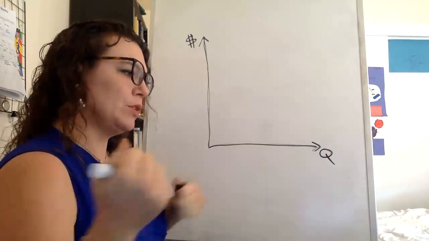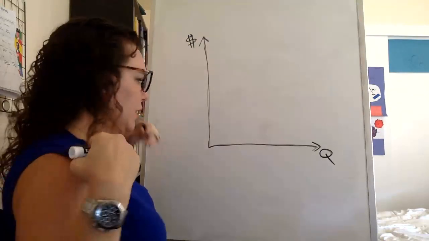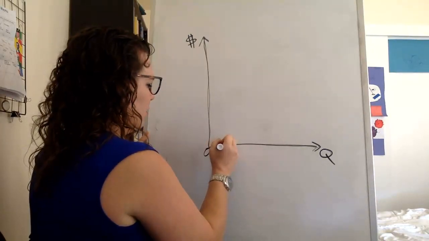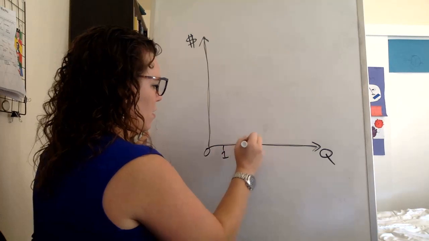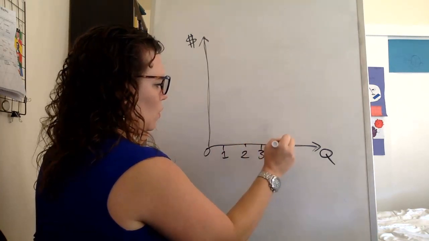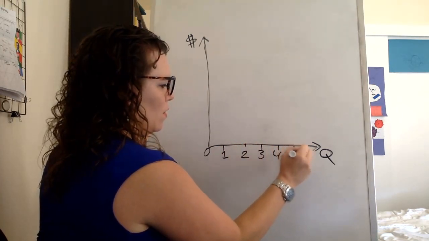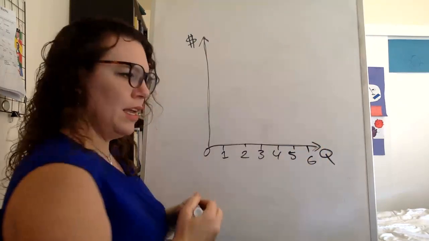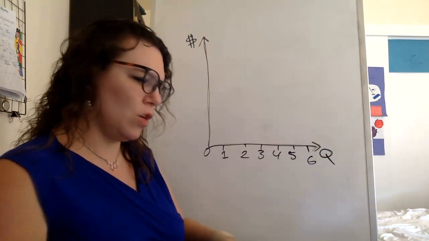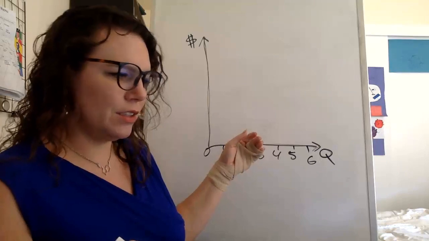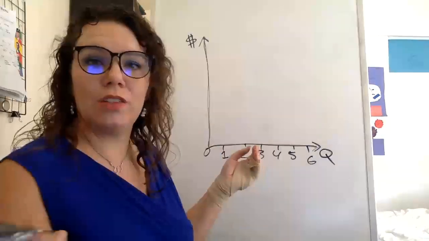So I know I'm going to be producing between 1 and 6 units. So I've got 0, 1, 2, 3, 4, 5, 6. And then my costs go from $10 up to $200, right?